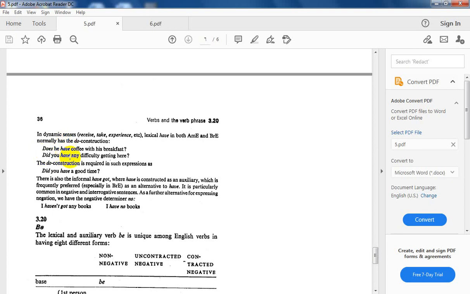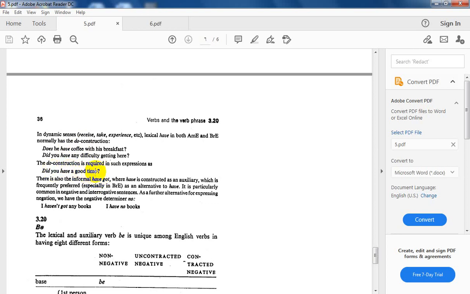Here the meaning of have in both these sentences is dynamic: they mean taking or experiencing. So in both cases, since it is dynamic, it is lexical, so I will have the do construction, whether British or American.